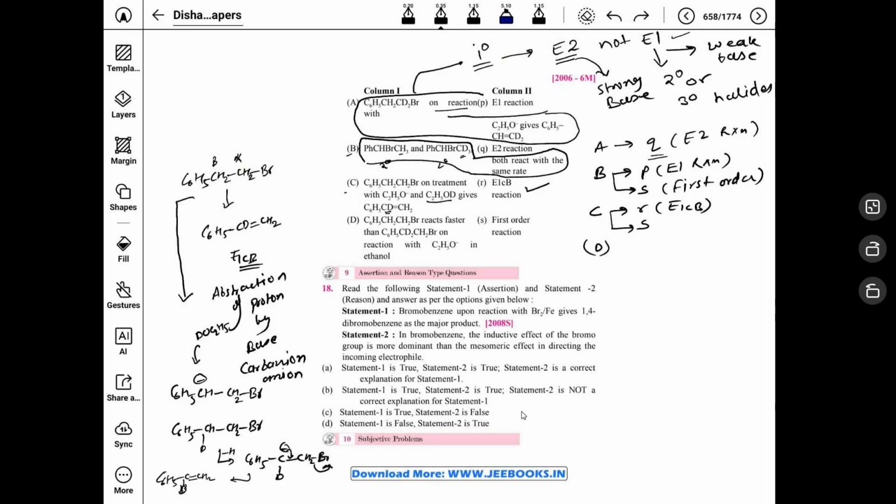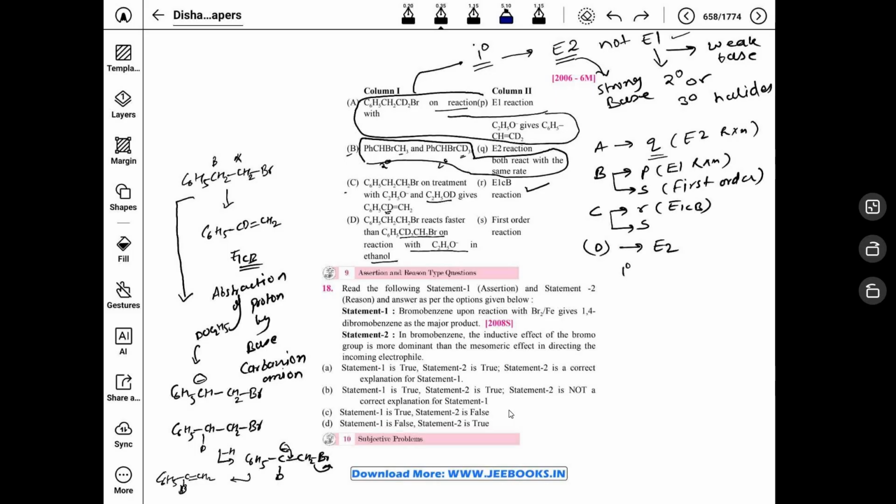This species reacts faster than this one on reaction with ethoxide in ethanol. Okay, so this is the primary halide and it reacts faster than this. So this is also an example of E2 reaction, because first of all, this is a primary halide.